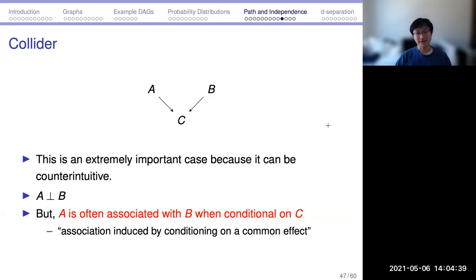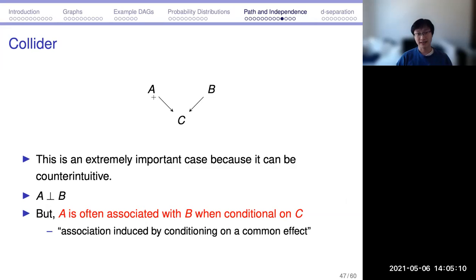This case, I said this is very important because it can be counterintuitive when you first look at it. In particular, A is independent of B marginally, but if we condition on C, usually this conditioning induces association between A and B. We'll see an example on the next slide, but let me just comment on the terminology.